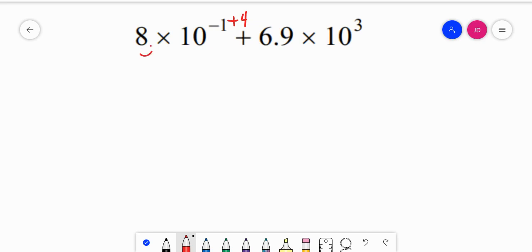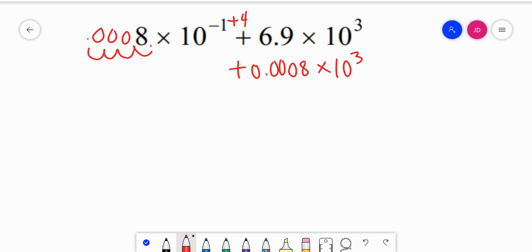So it goes here, 1, 2, 3, 4. All the empty spots get zeros. So now I have plus 0.0008 times 10 to the third.